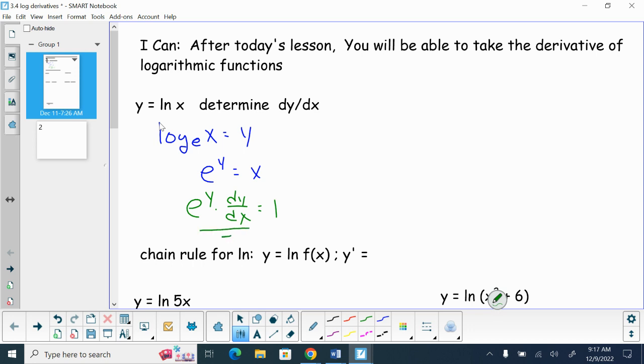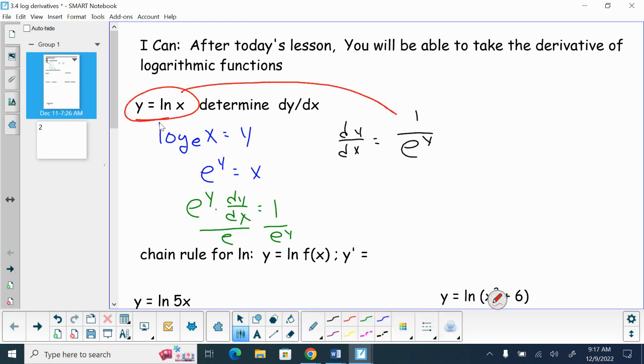So now solve for dy dx. Well, if we solve for dy dx, we can divide both sides by e to the y. So we have dy dx is equal to 1 over e to the y. Well, the whole premise of this started out was y is equal to the ln of x. So let's make a substitution.